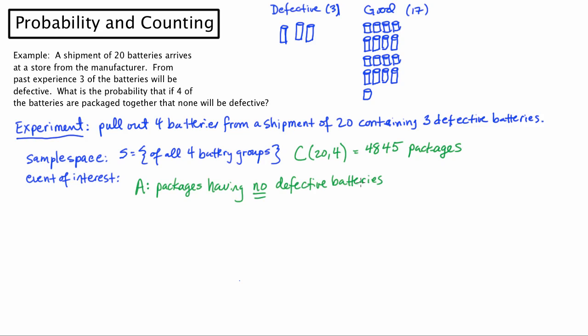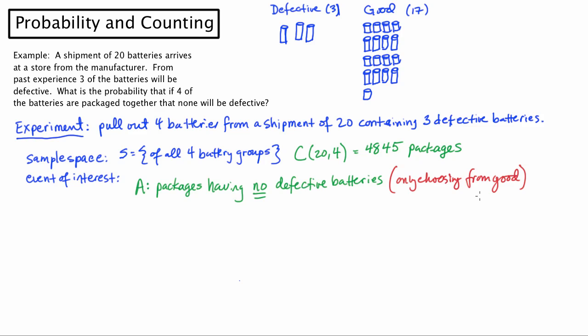And so the question is, how many ways are there to do that? Well, no defective batteries, I'll just kind of parenthetically put this off to the side. This is the same as only choosing from the good batteries.